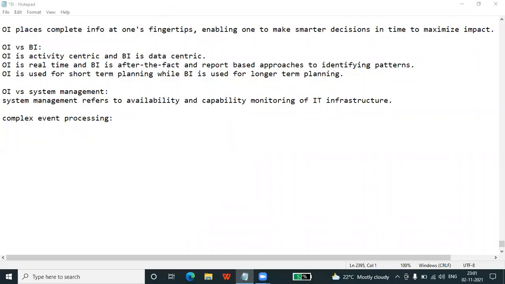Then we have business activity monitoring. Business activity monitoring is software that helps in monitoring of business process as those processes are implemented in computer systems.